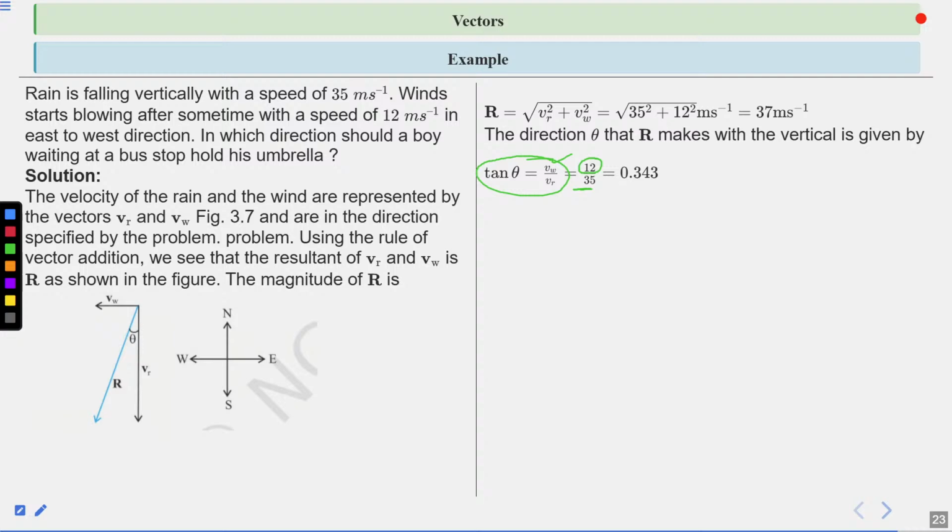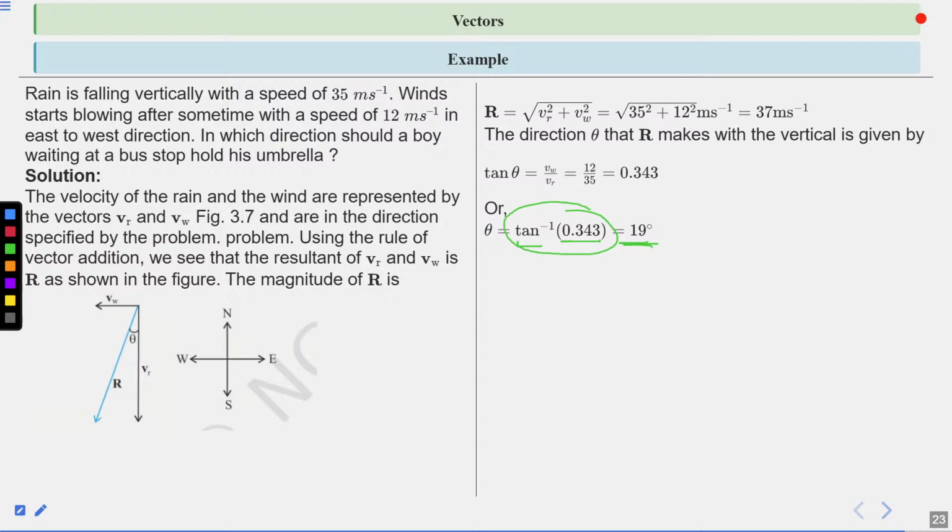So it will be 0.343. Now tan theta is equal to 0.343. So theta becomes tan inverse 0.343, and the value of tan inverse 0.343 is about 19 degrees.